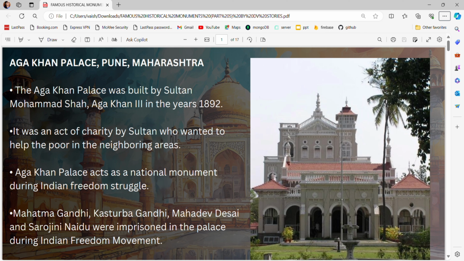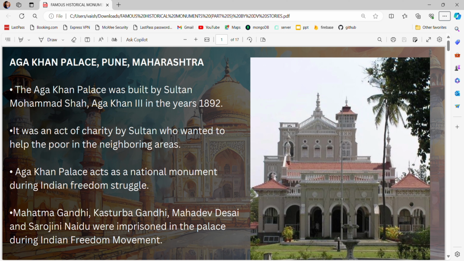Firstly, we start with the Aga Khan Palace, located in Pune, Maharashtra. The Aga Khan Palace was built by Sultan Muhammad Shah and Aga Khan III in the year 1892. It was an act of charity by the Sultan, who wanted to help the poor in the neighboring areas.